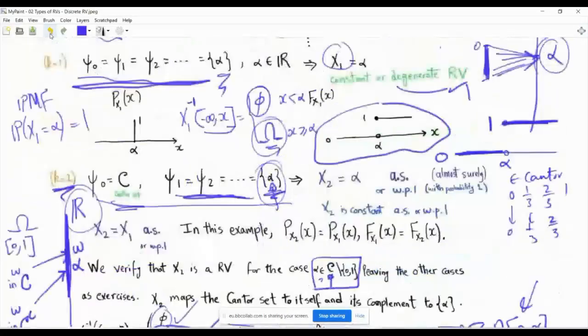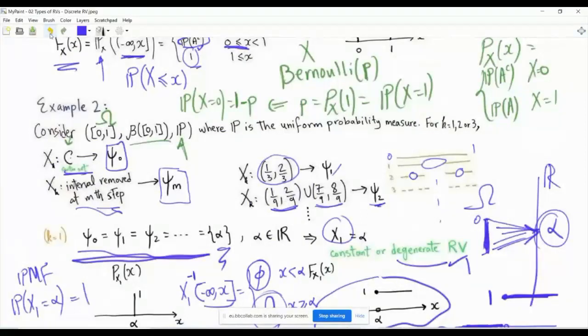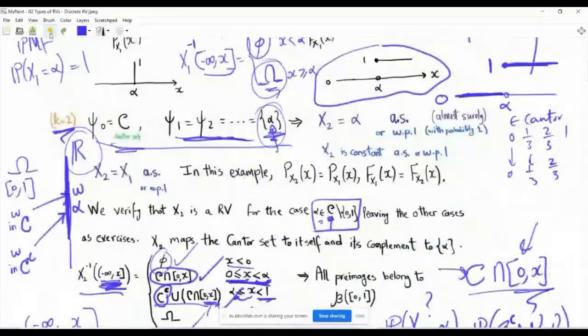Despite the fact that x1 and x2 are defined in different ways, x1 really, you take every small omega in big omega and assign to it the number alpha, but x2 is complicated. You assign alpha to the non-counter numbers, and to the counter numbers you assign the number itself, its value as the map on the real line.